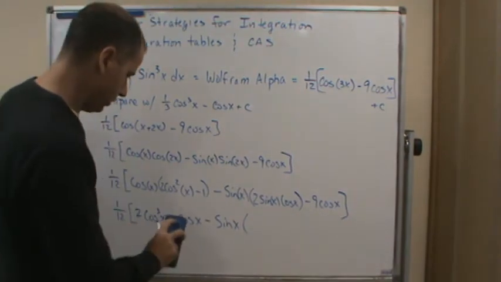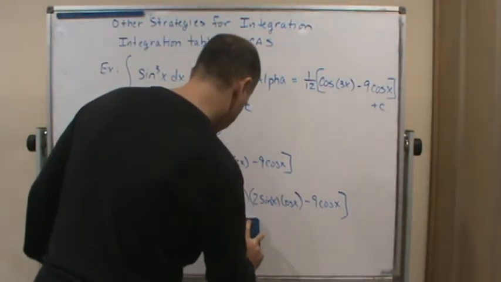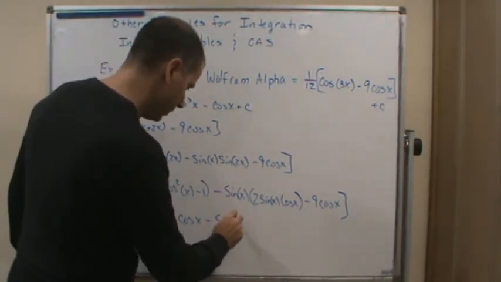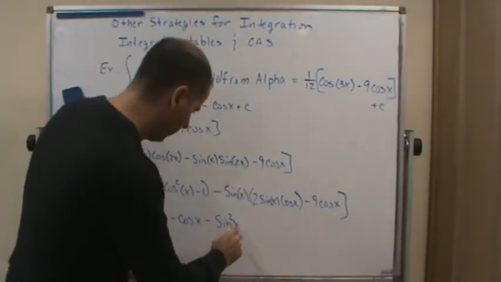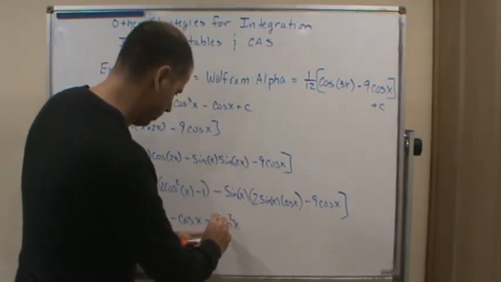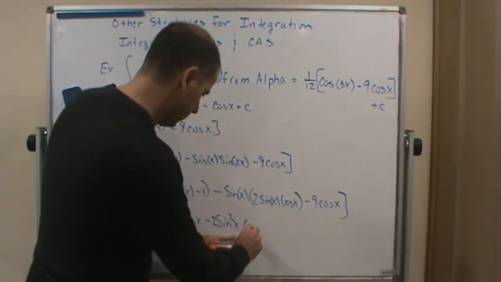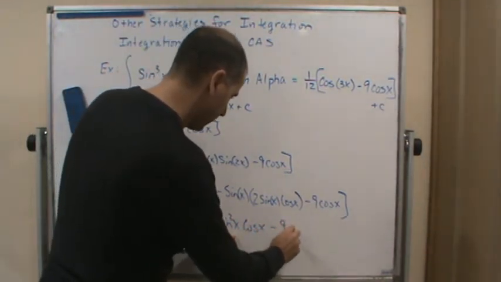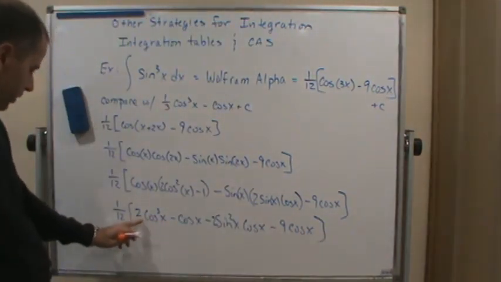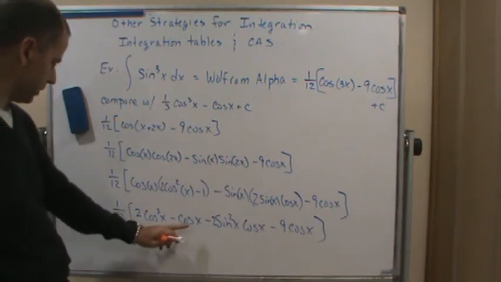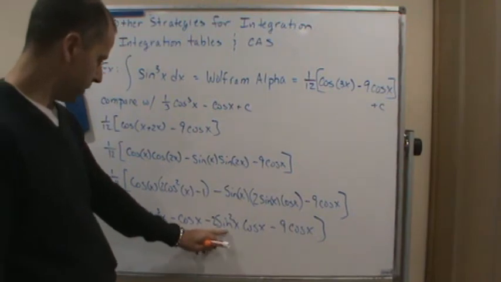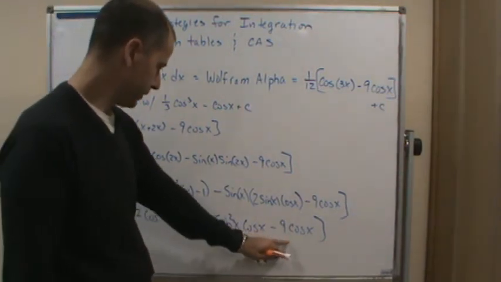Yeah, no, actually that's good. Yeah, that's fine. Okay, we'll do one more step. So this is sine squared x, so 2 sine squared x cosine x minus 9 cosine x. Okay, so I'll leave it the way it was. So I just want to make sure. So 2 cosine cubed x minus cosine x minus 2 times sine squared x cosine x minus 9 cosine x.